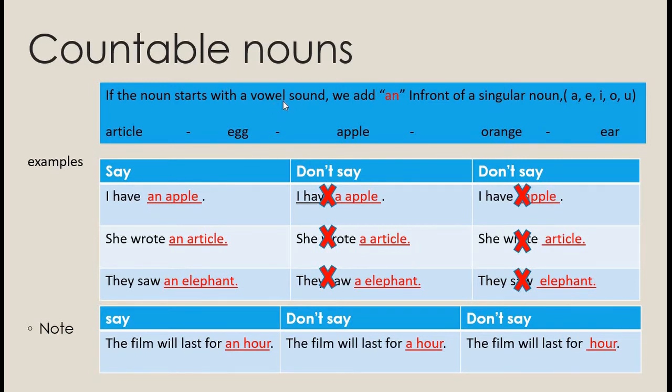It's not vowel letter. The film will last for a hour. This is wrong because the sound here is an hour. We could not say that. The film will last for hour. Also, this one is wrong. We have to use an before it.